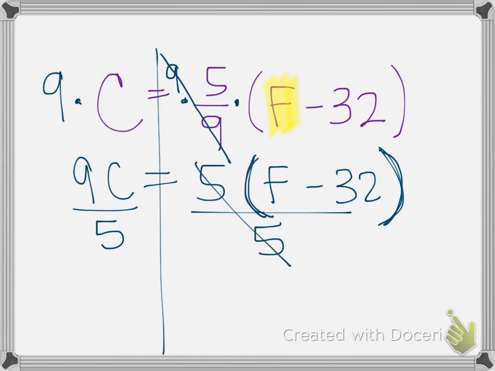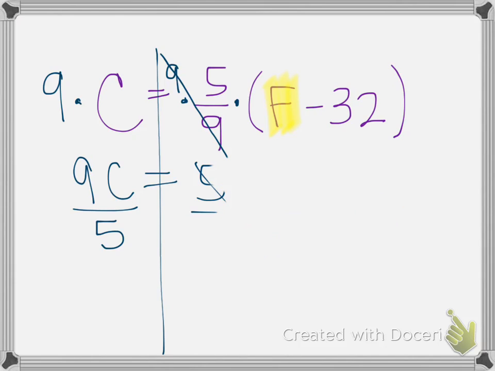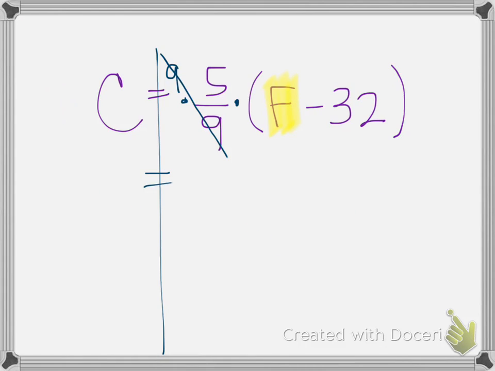Okay, I'm actually going to go backwards and show you something a little bit different instead of doing that. So instead of timesing by 9, if we actually times by 9/5 on both sides, here we've got 5/9.